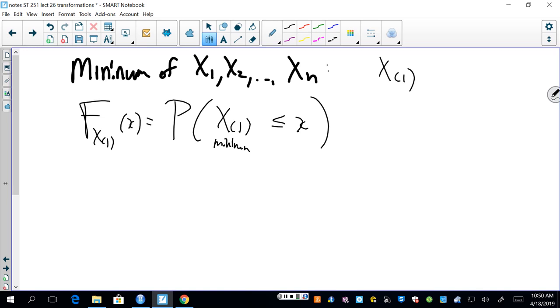It's a little bit harder to write out. So we're going to do 1 minus the chance that the minimum is all less than or equal to X. 1 minus the probability the minimum is greater than some value.